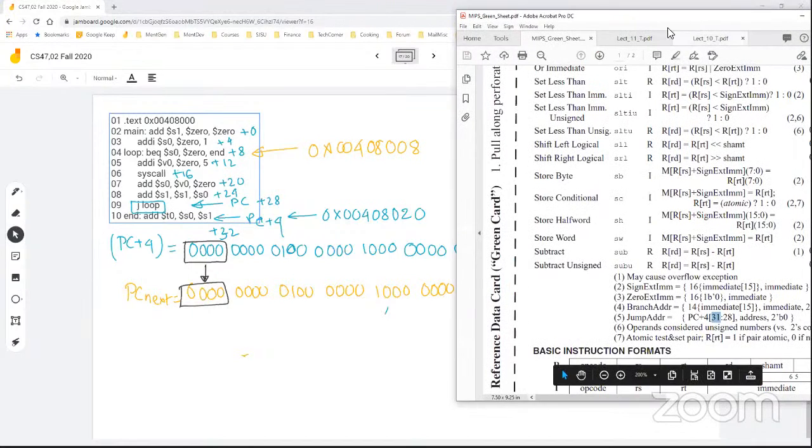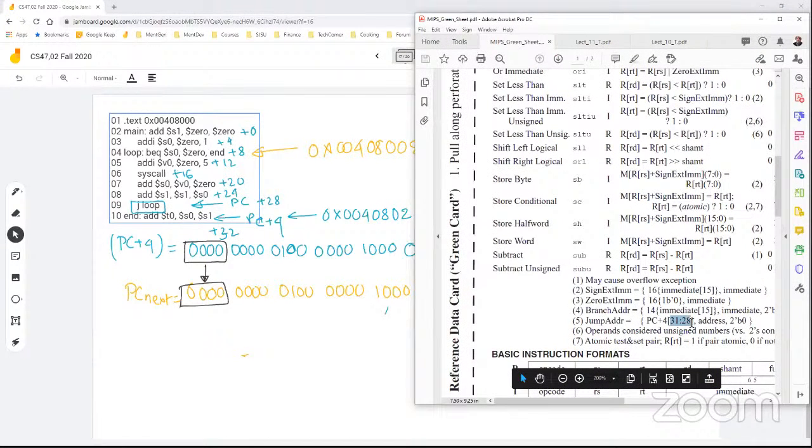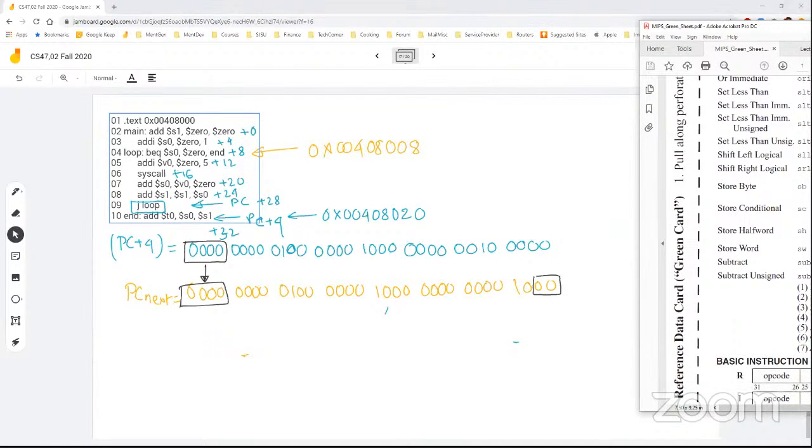So the highest 4 bits come from the program counter plus 4, and the last 2 bits are implicitly added by the processor. So that means my 26 bit pattern is really this one. That's my jump address.